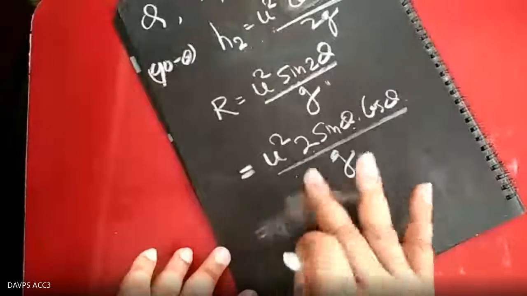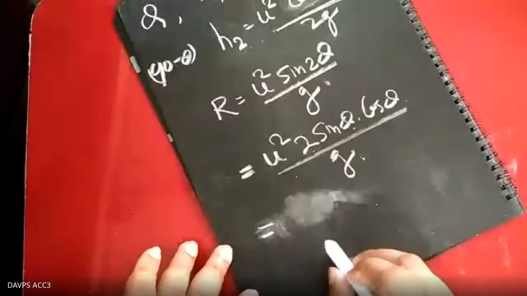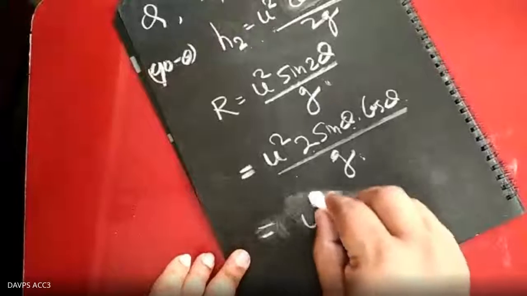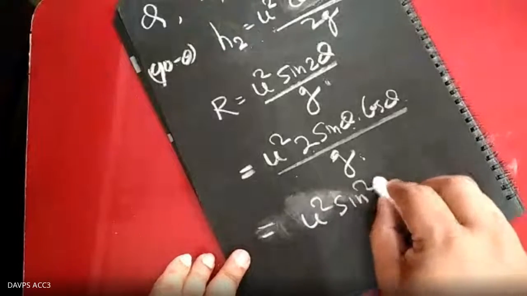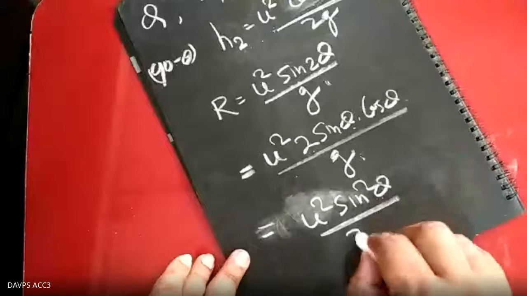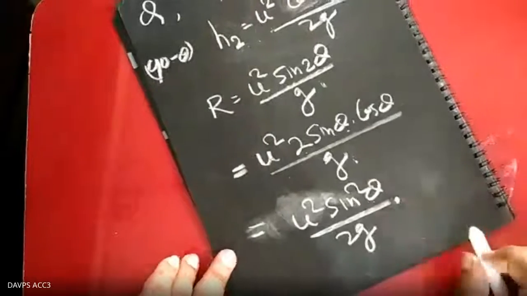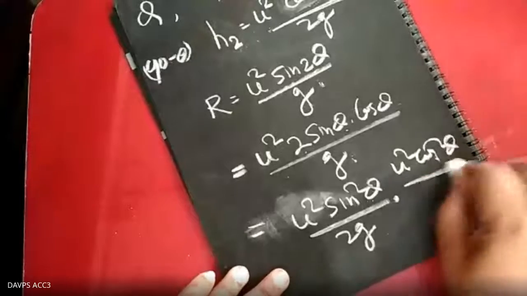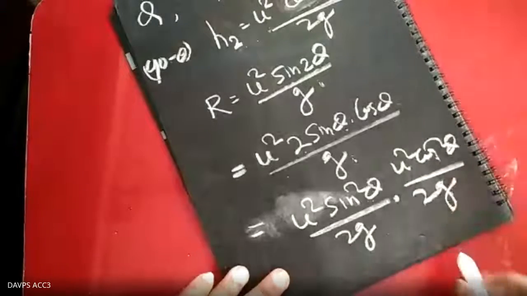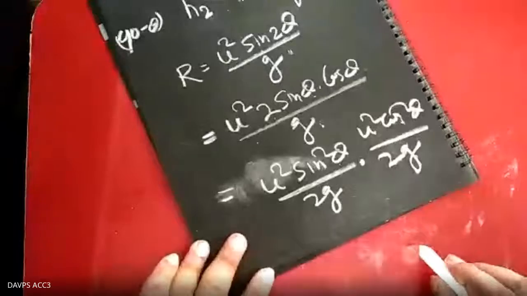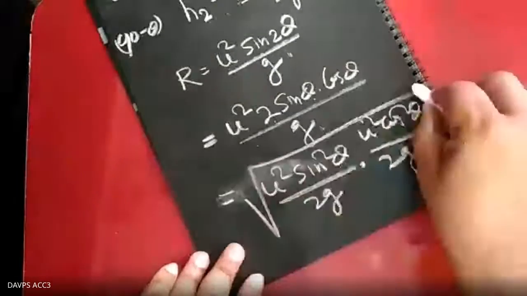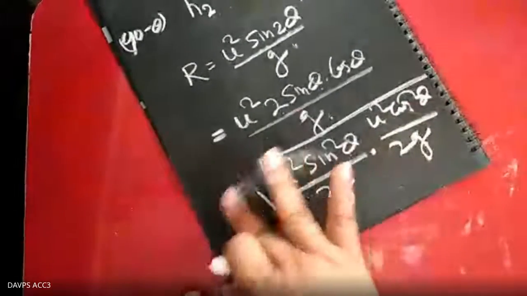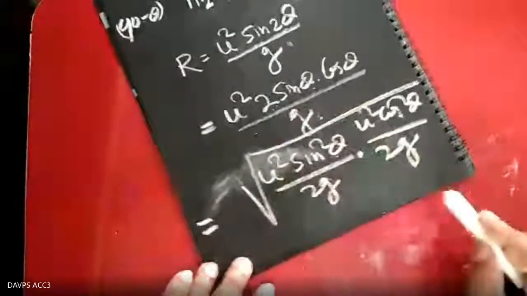This is equal to u square sine square theta by 2g into u square cos square theta by 2g. If I write in this manner and take the square under root, what term are we finding here now?